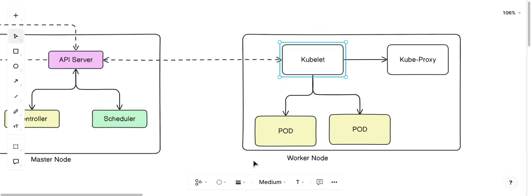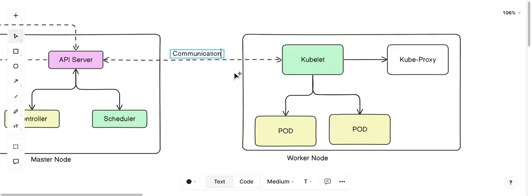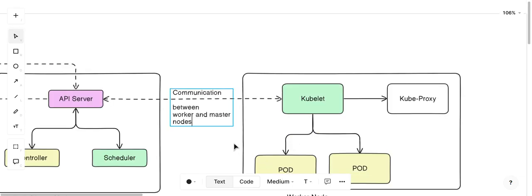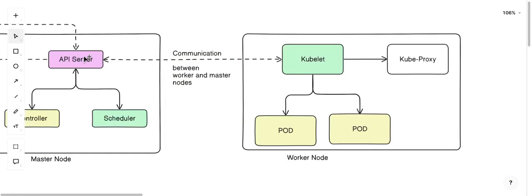Kubelet is the main component inside the worker node, and it helps to communicate with the master node. So communication between the worker and master nodes is happening between the API server and kubelet.